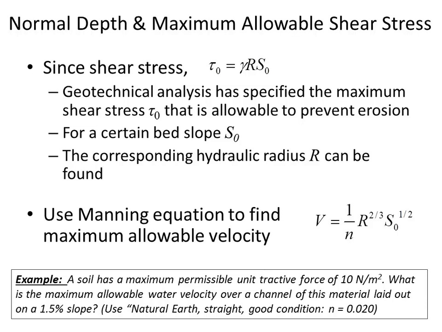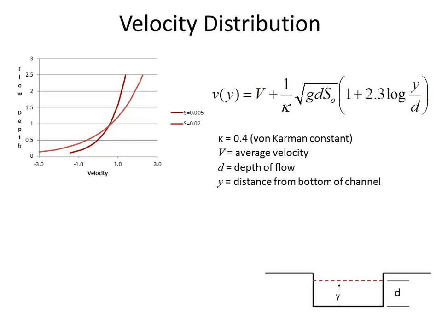Okay. So channel design is something that we'll spend more time on in the future, but just to give you a sense for some of the parameters the hydraulic design could take into account.